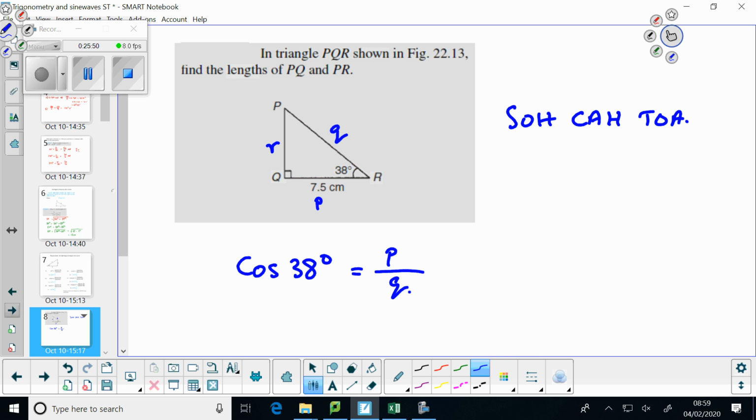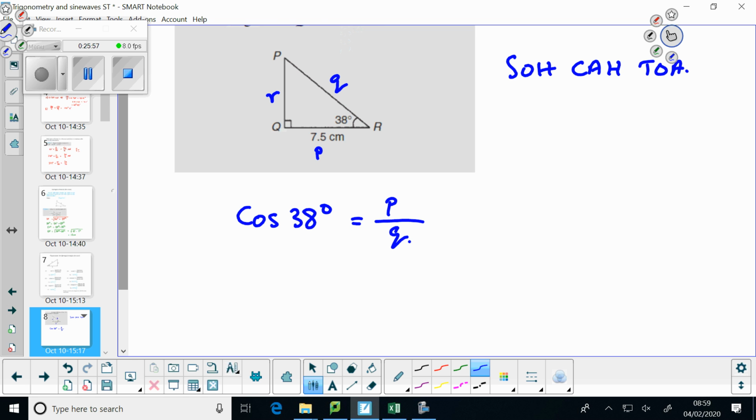Yeah, and then we can rearrange. What are we going to do first? We want to find q. Multiply by q, so we can say q cos 38 is equal to the side length p. Divide by cos 38, so q is equal to the side p over cos 38. Make sure your calculator's in degrees.